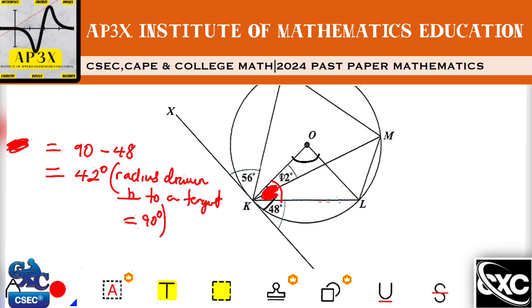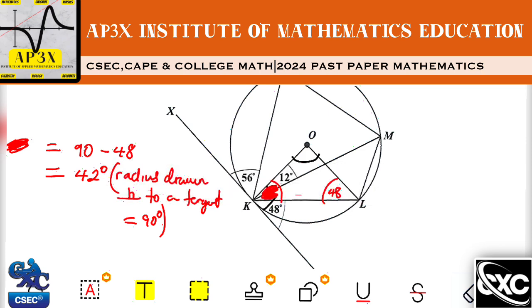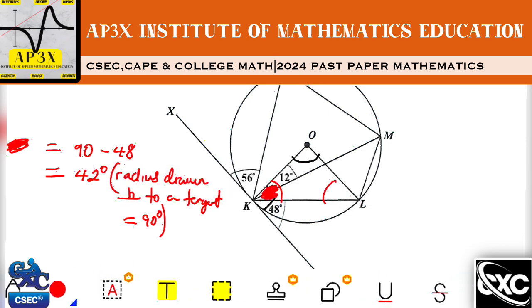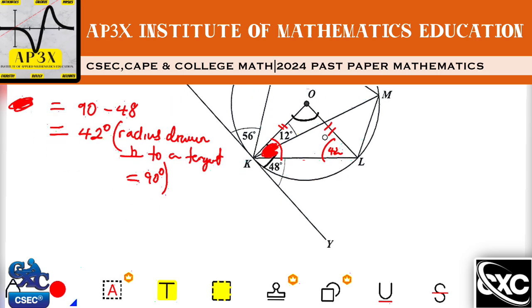All right, now that I know that this is 48, I automatically know that this is also 42 degrees as well. How do I know that that is 42 degrees? Because if you have this radius OL and this radius OK, I also know that radii of the same circle are equal.